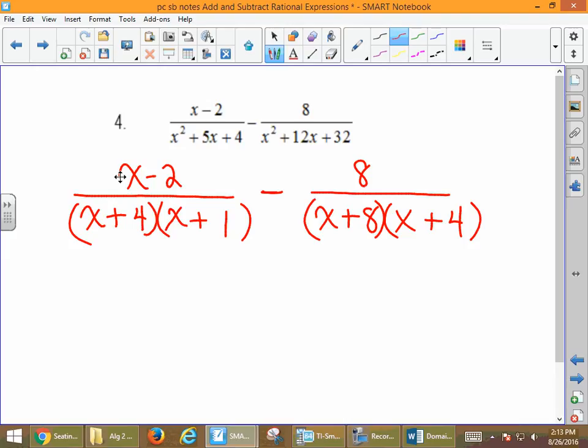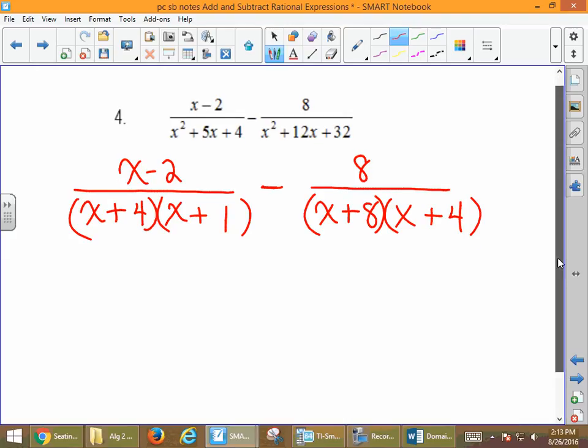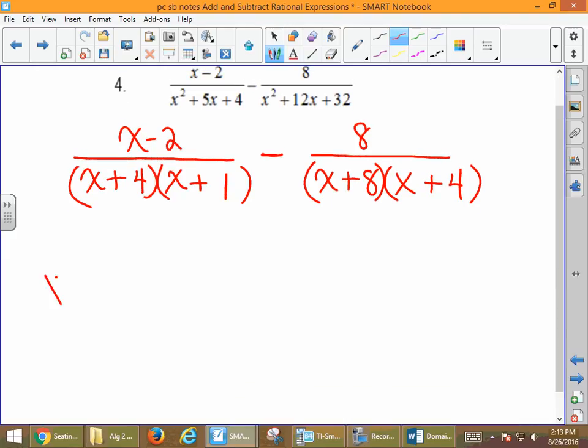Once we get these factored, then look at our denominators. Do we have anything that's the same thing in both? And what we see is we have an x plus 4 that's the same thing in both. But nothing else. Because we have x plus 1 here, but we don't have it here.